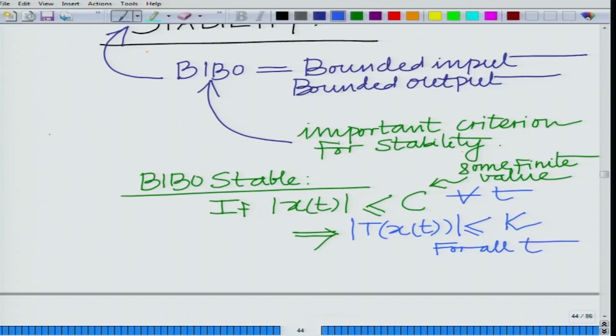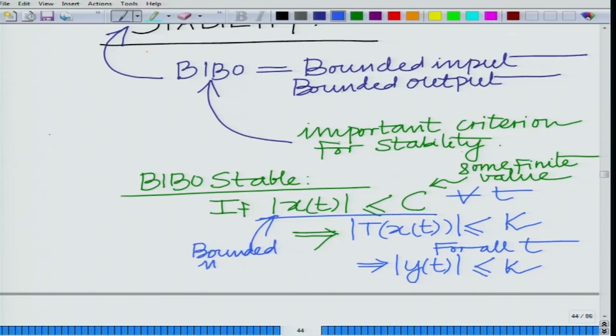That is, magnitude of y of t is less than or equal to k. So for any bounded input, correspondingly the output is also bounded.